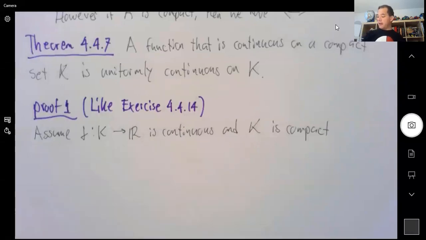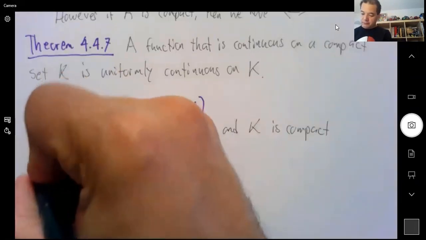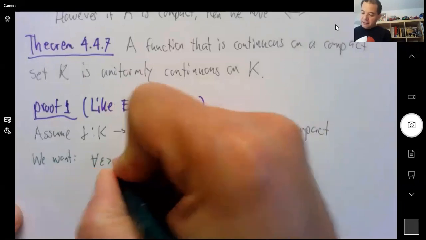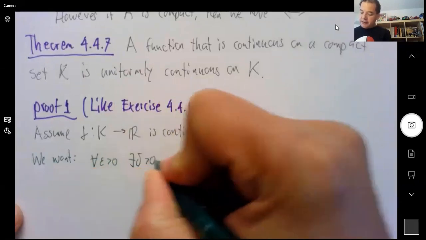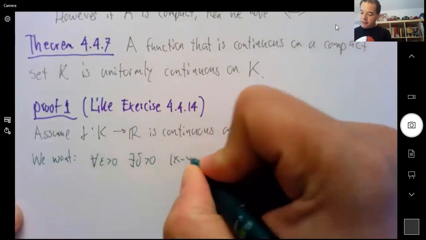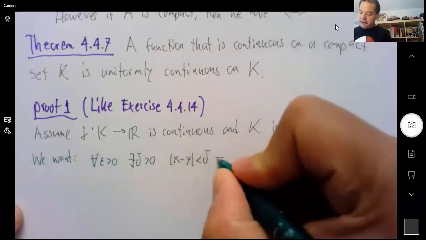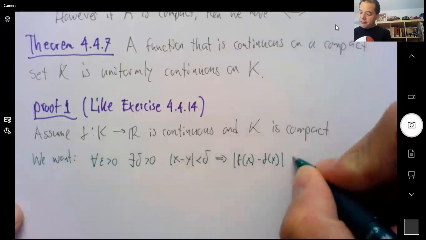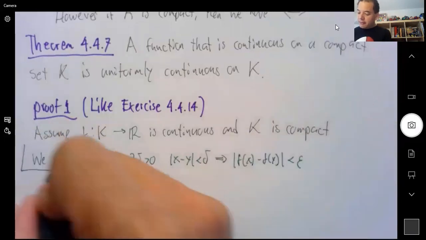Let's write it as a box of what we want. We want, for every epsilon, to find a delta such that if x minus y is within delta, then f of x minus f of y is within epsilon. That's what we want.